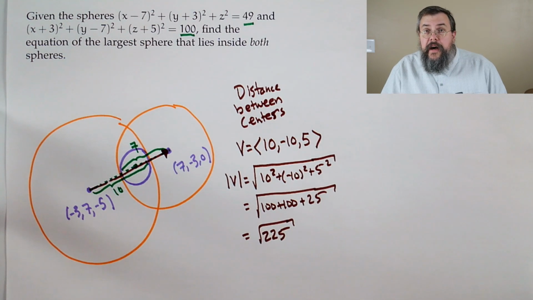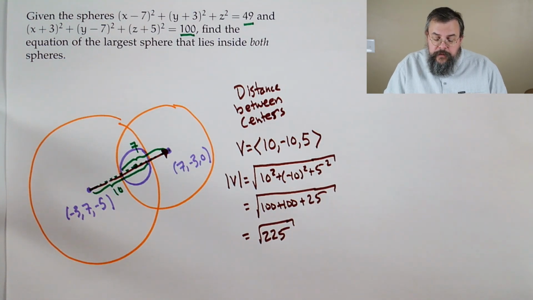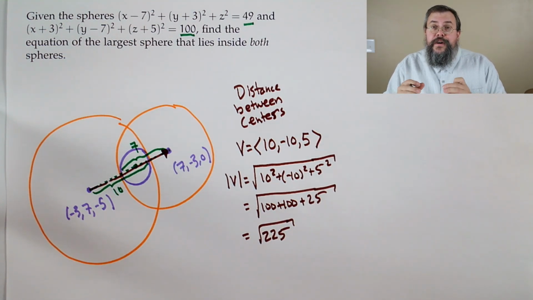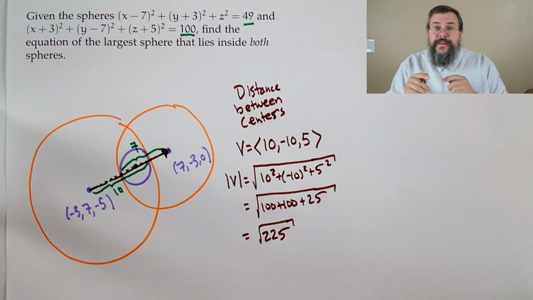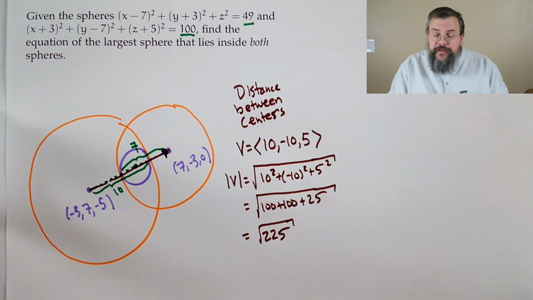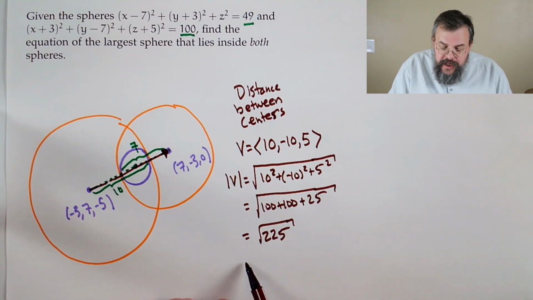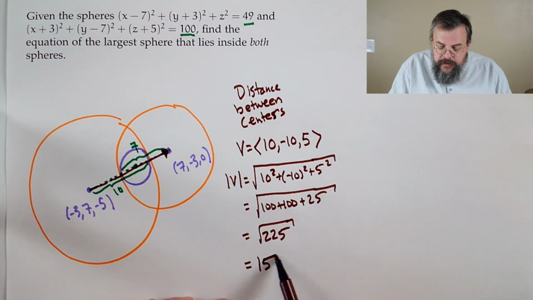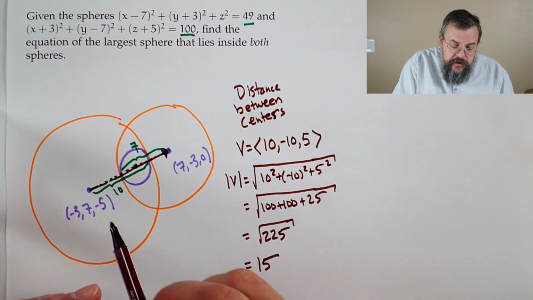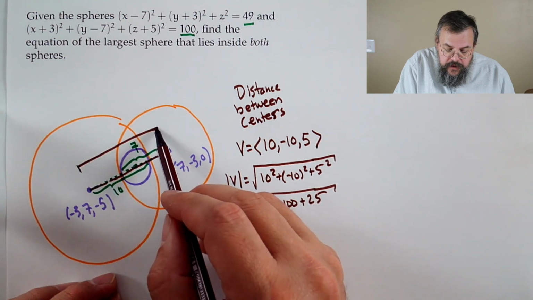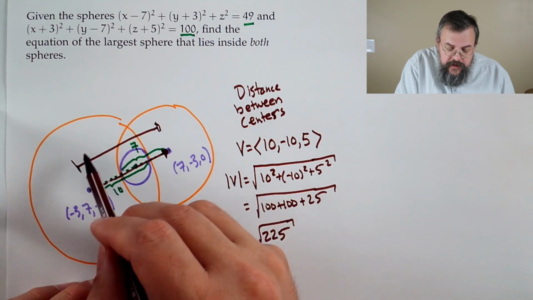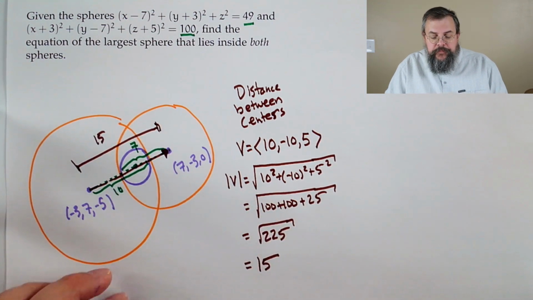Now, it would be nice if it was the case that this number was a perfect square. And it's nice. Do you recognize this? It's not one that's very common. We don't see it very often. It's 15. So that tells us that if we look at the distance between the centers here, that's 15.